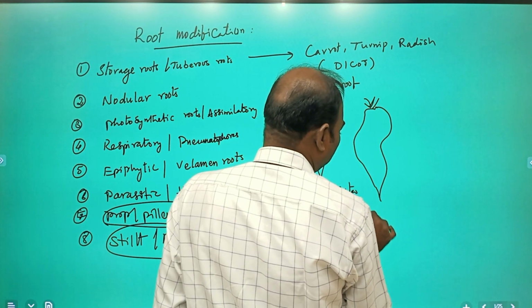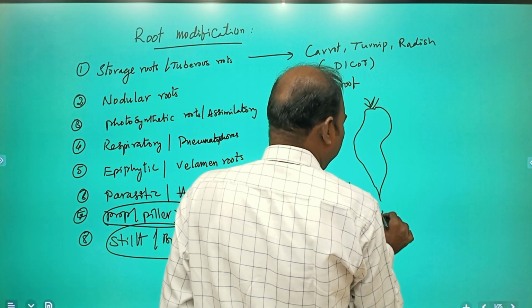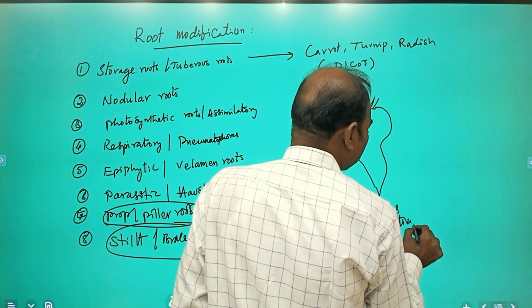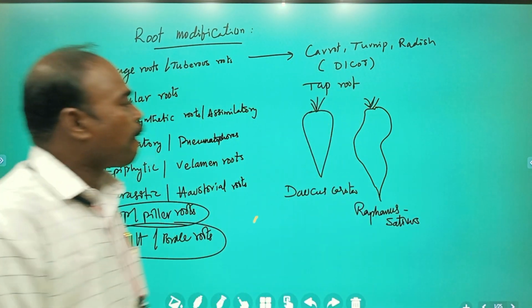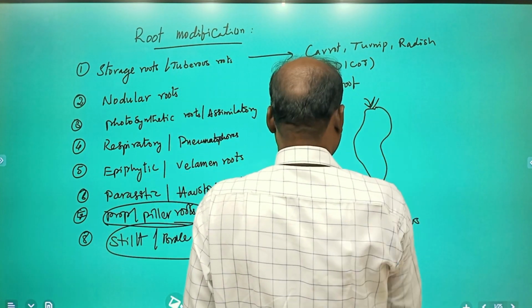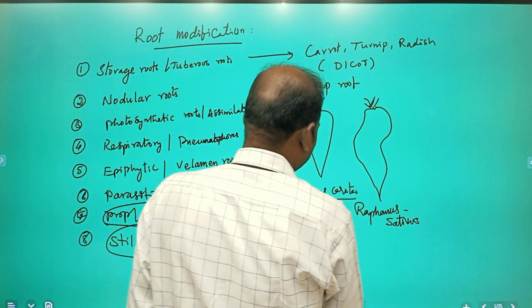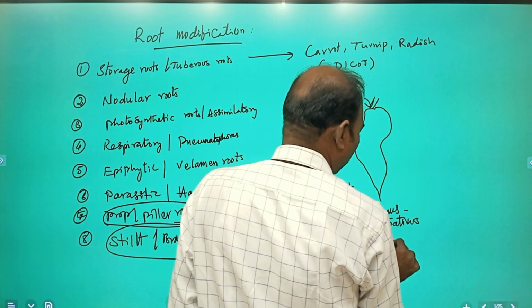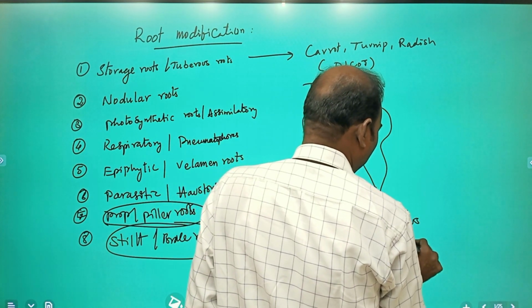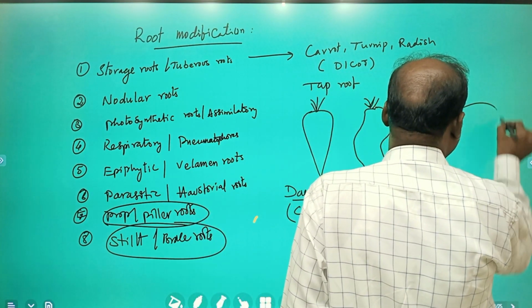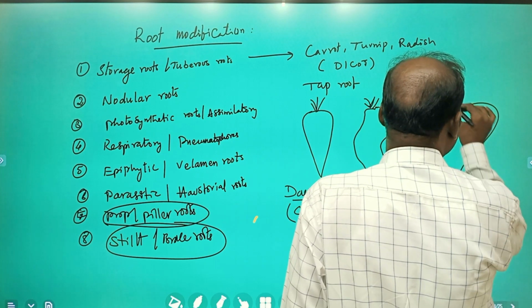Spindle shaped. Raphanus sativus, radish. Then Beta vulgaris, beetroot.